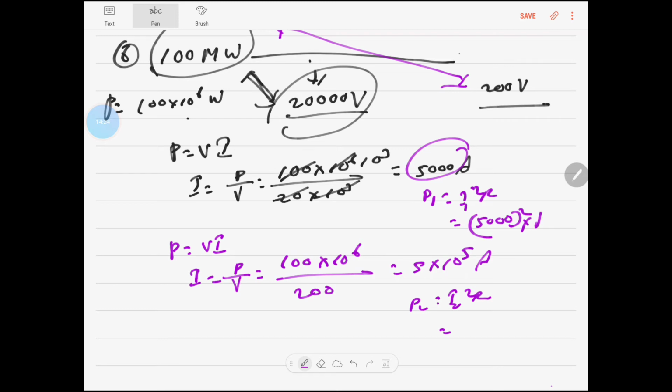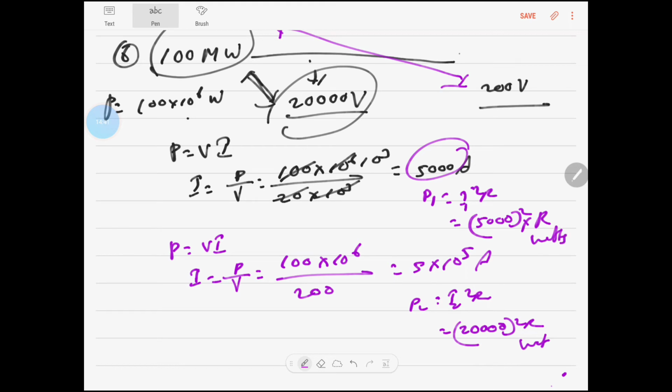You don't know the resistance, so keep it as R. Because resistance is going to be the same, it's the same wire, in the other case it's 5 into 10 to the power 5 the whole square into R. This is also in watts and this is also in watts.